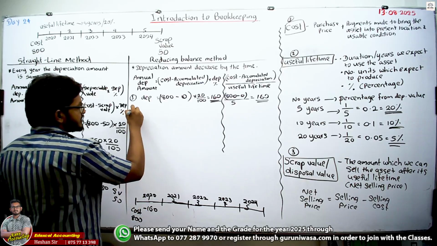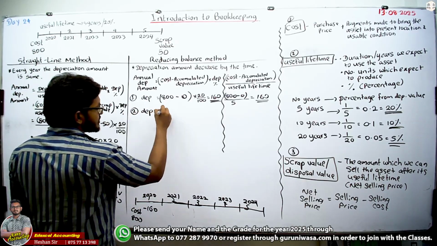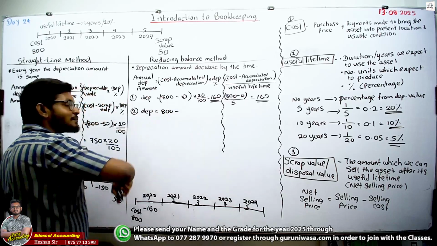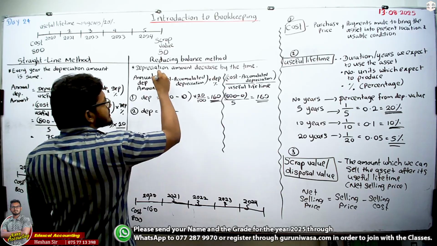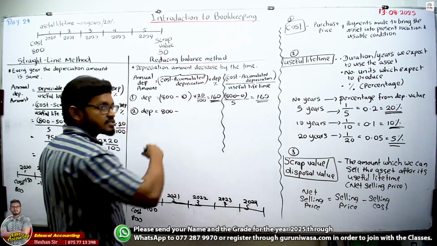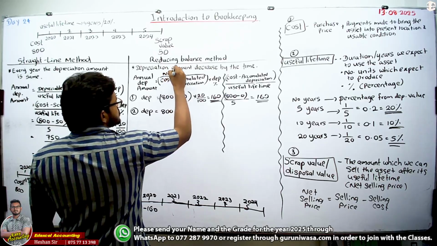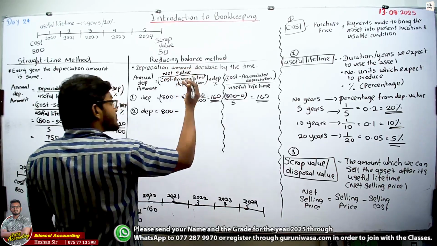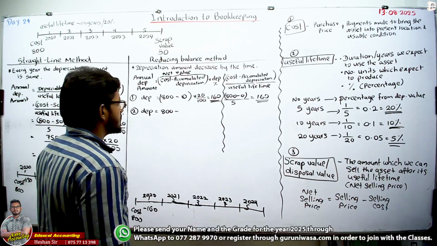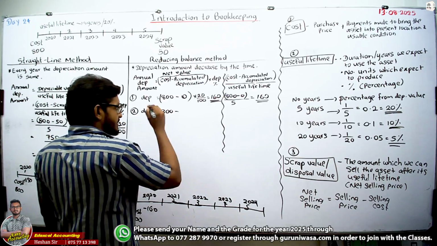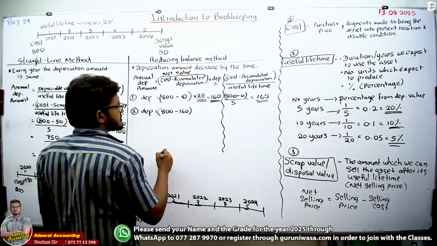If I take the second year depreciation, cost is 800,000. Accumulated depreciation is the previous depreciation. Now cost minus accumulated depreciation means net value, right? So we need to get the net value of the asset. Net value, or another word, written down value. So we deduct the total of the previous year depreciation, which is 160.